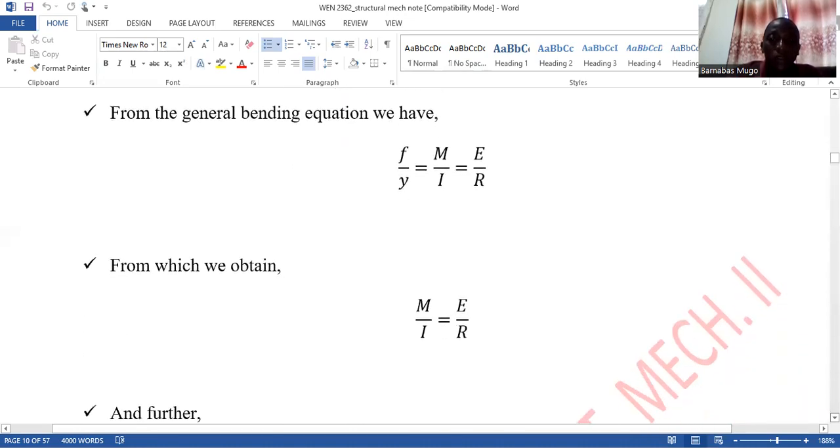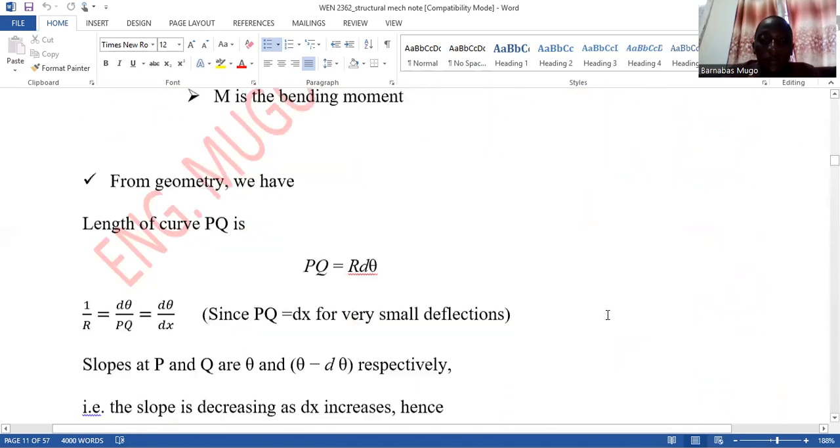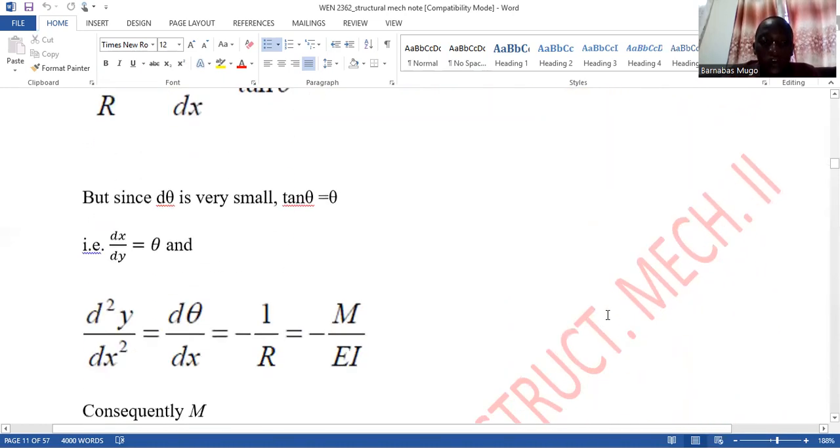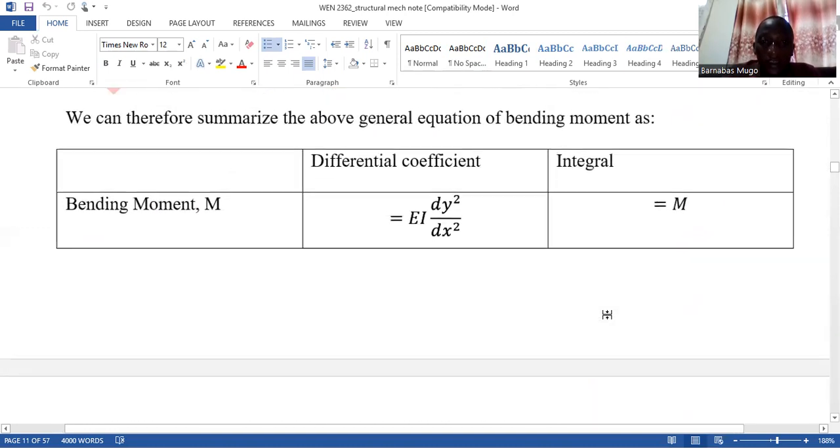I'm going to make sure that I talk with your lecturers so that you can derive the equation effectively during your face-to-face class.